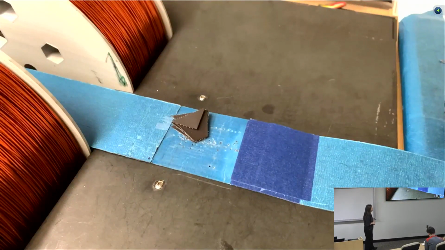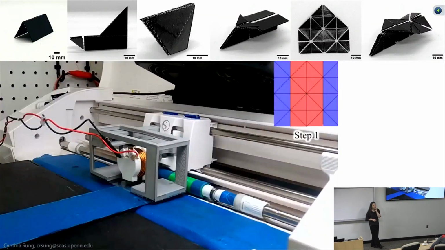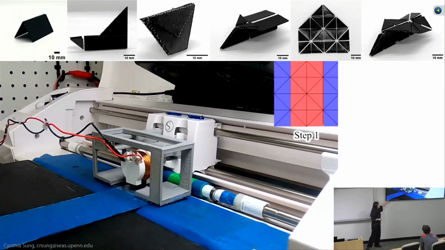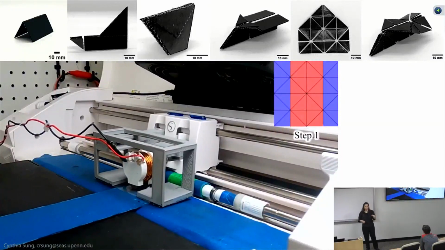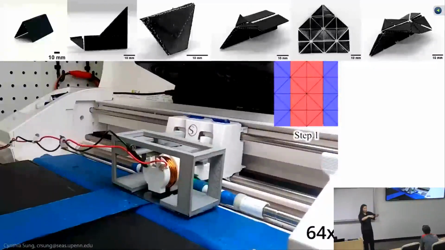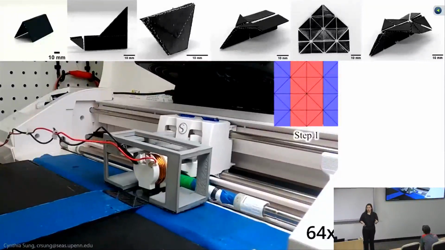We've done some experiments to show that we can fold a variety of different shapes, and we can write and refold the pattern multiple times. What you're seeing here in the video is an experiment where we programmed, folded, then reprogrammed, folded, reprogrammed, unfolded, and then we basically folded and unfolded this sheet like 100 times.